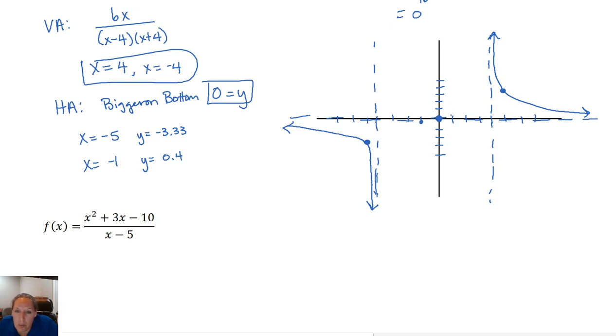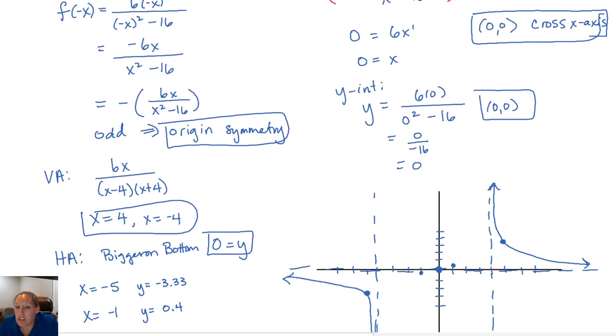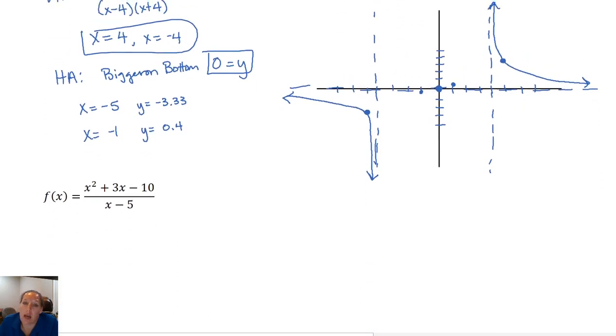Because of the symmetry, we also know we're going to get a mirror image point in quadrant 1. We know from our multiplicity that our graph is going to cross the x-axis at that point. And we know that as it gets closer to positive or -4, it's got to approach those vertical asymptotes, but it will never cross it.